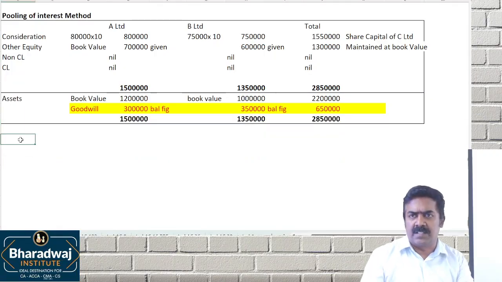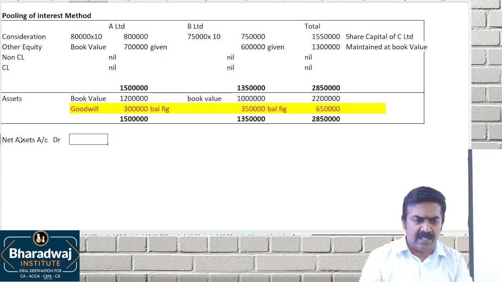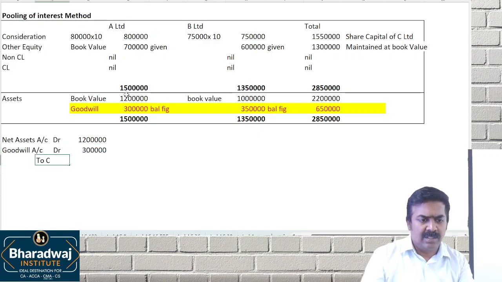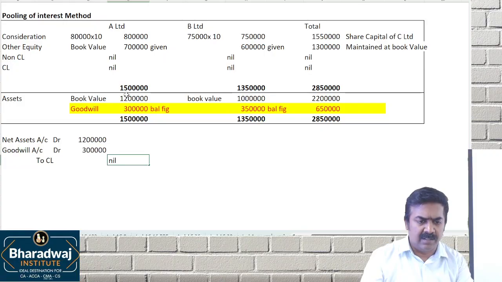If you want, you can pass a journal entry. What is the entry you will pass? Net assets account debit, 12 lakhs. Goodwill account debit, a balancing figure. To current liability, nil.